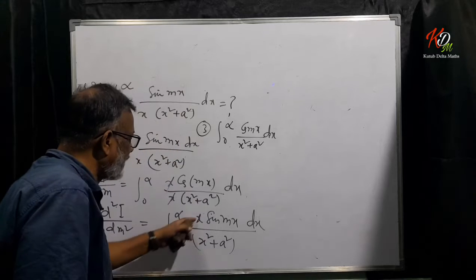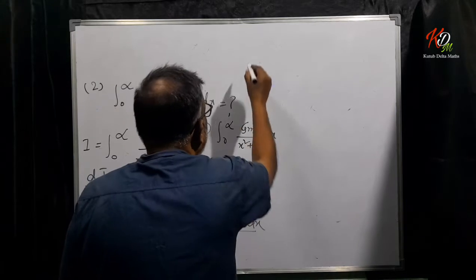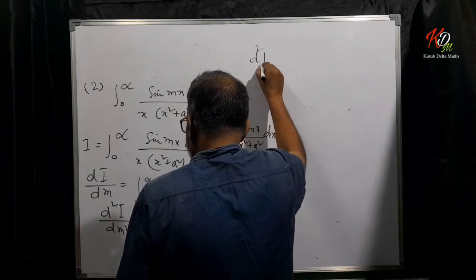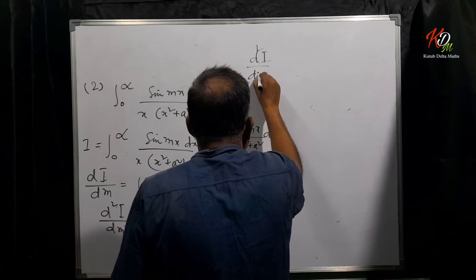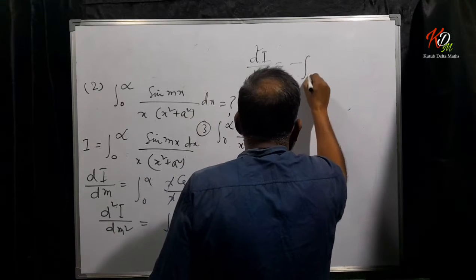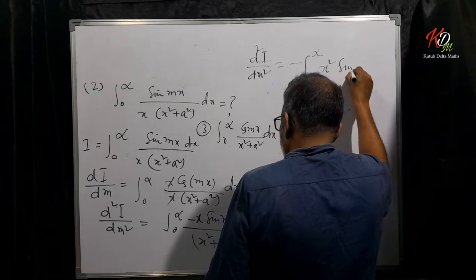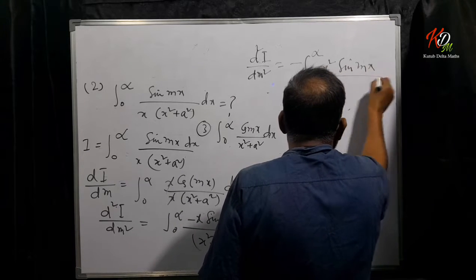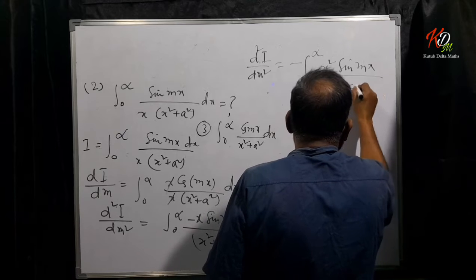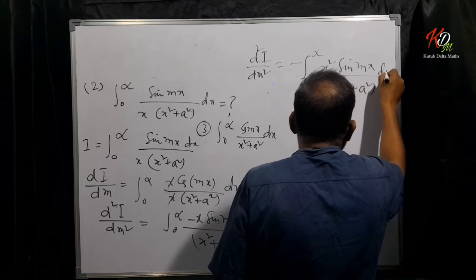Multiplying x to both sides, up and down, we have d square I dm square equals minus 0 to infinite x square sin mx by x into x square plus a square dx.